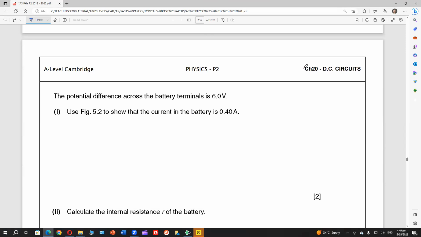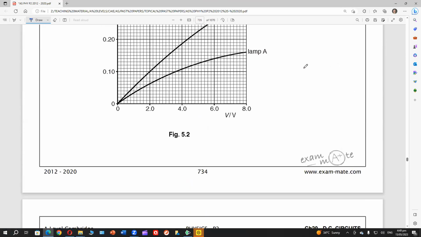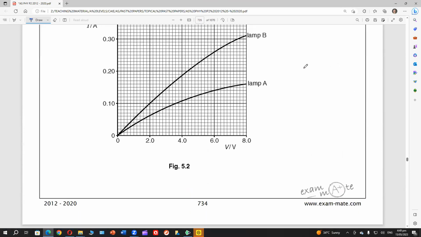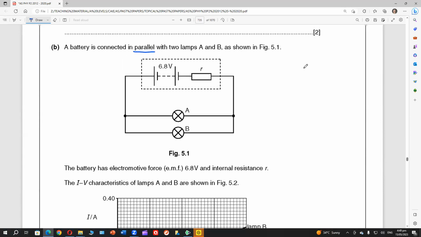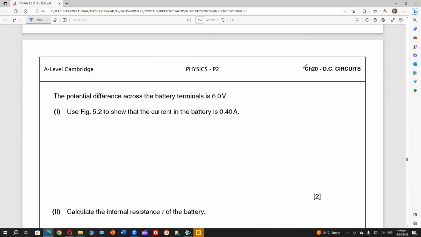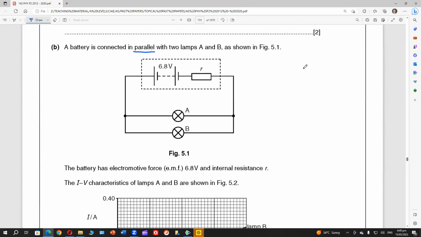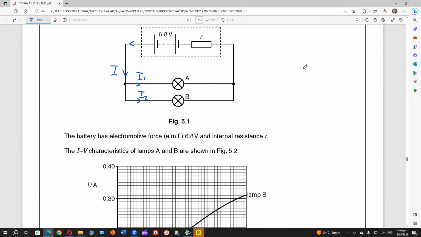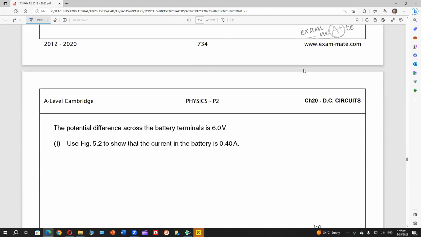The current in the battery is 0.4. So I can take 6 and then I can get the current. The 2 currents would be divided. The terminal PD is 6.